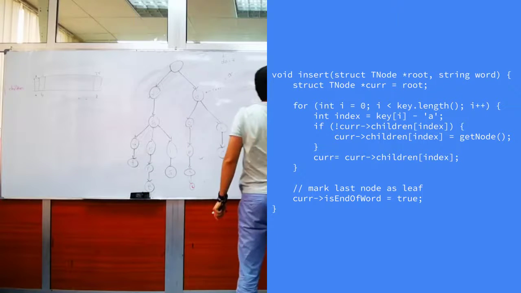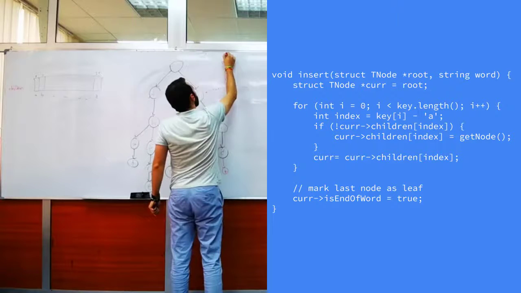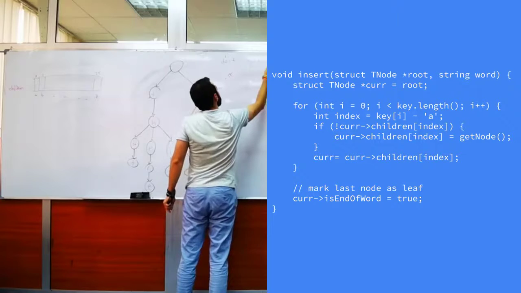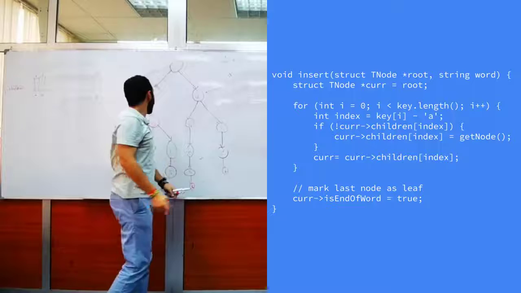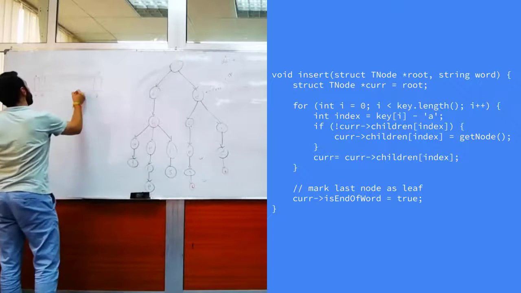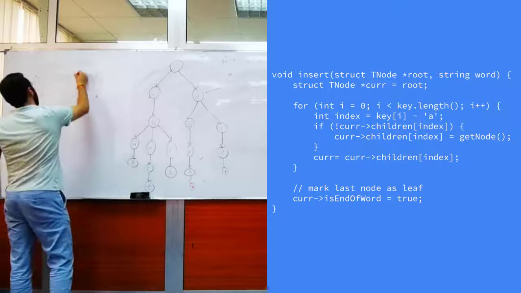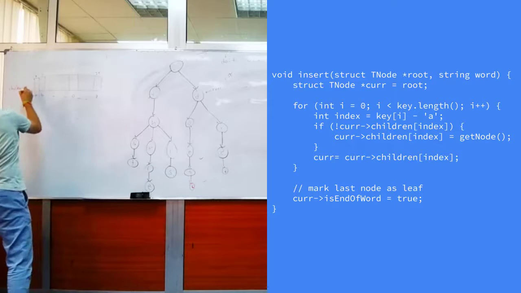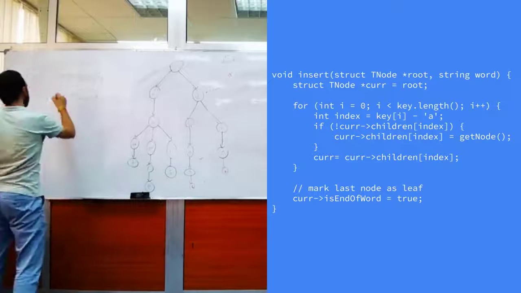Now I increase i, and my new index becomes O minus A. I don't know which letter O is in the alphabet, but let's say O is here for this node. Right now we are representing D. D has two children, right?